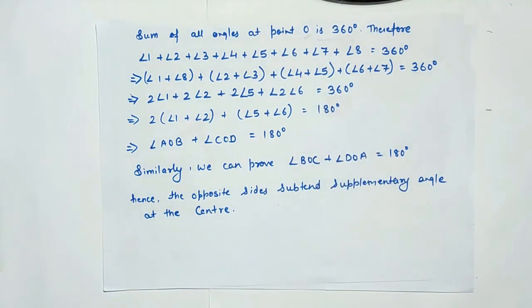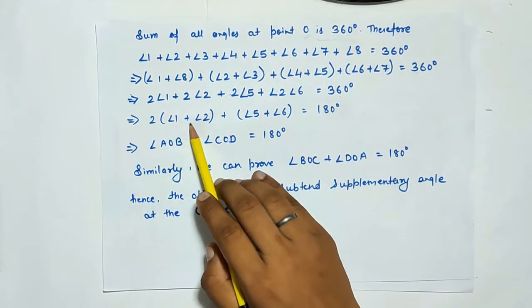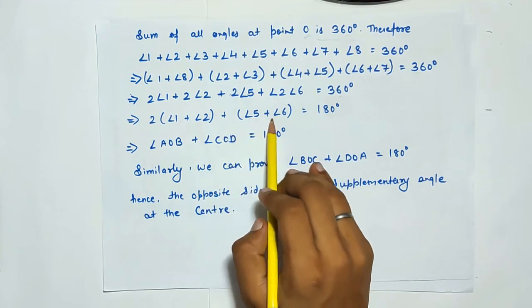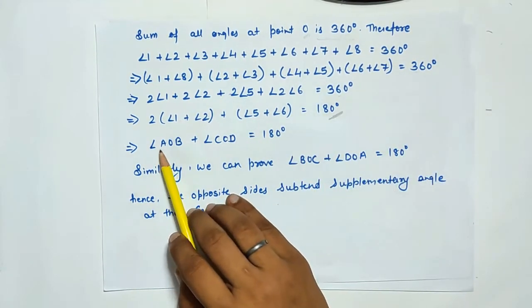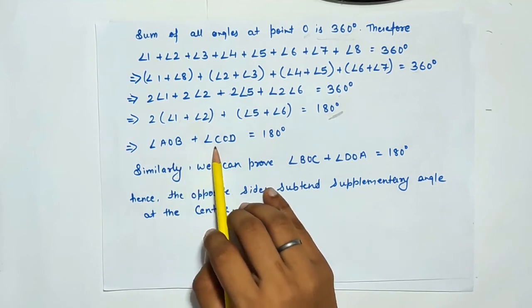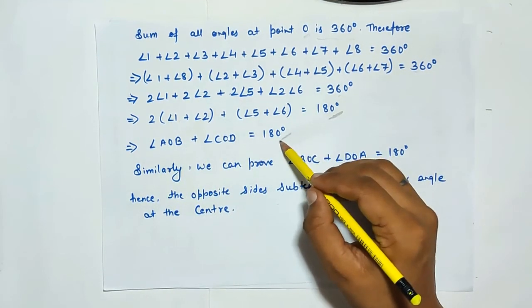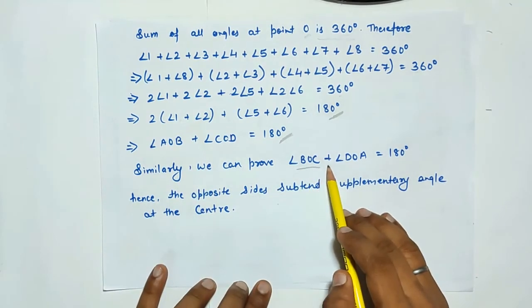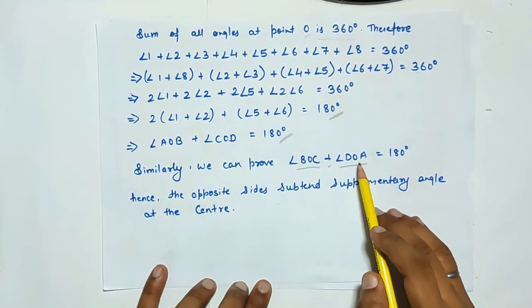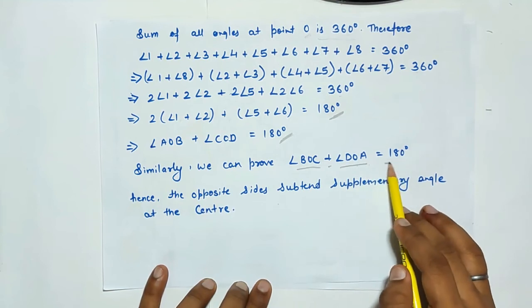After solving this, we get angle 1 plus angle 2 plus angle 5 plus angle 6 is equal to 180 degrees. That is, angle AOB plus angle COD is 180 degrees. Similarly, we can prove angle BOC plus angle DOA is equal to 180 degrees.